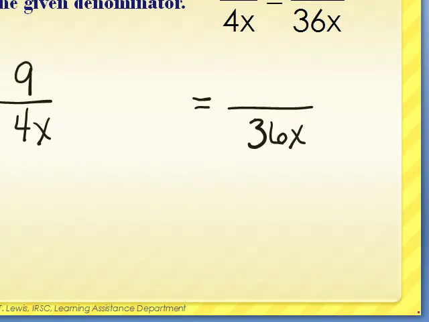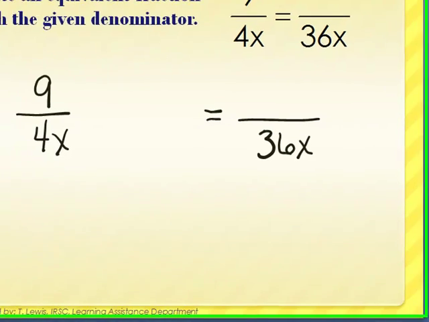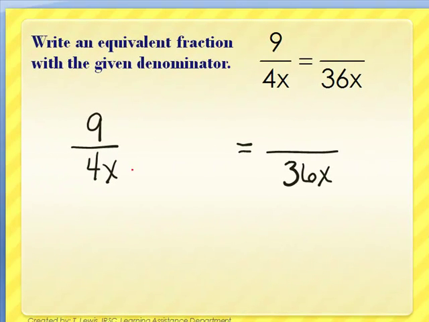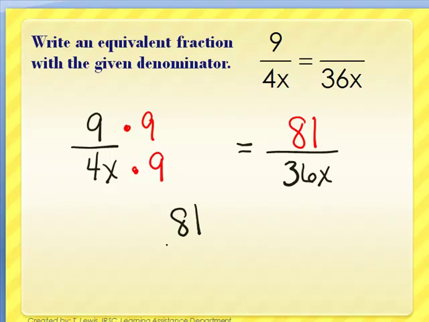Or 4 times what would give us 36? We have 9. So we're going to multiply 9 to the 4x, and we have 36x, and we're going to multiply 9 to the 9 that's in the numerator, and 9 times 9 we have 81. So the fraction that's equivalent to 9 over 4x is 81 over 36x.